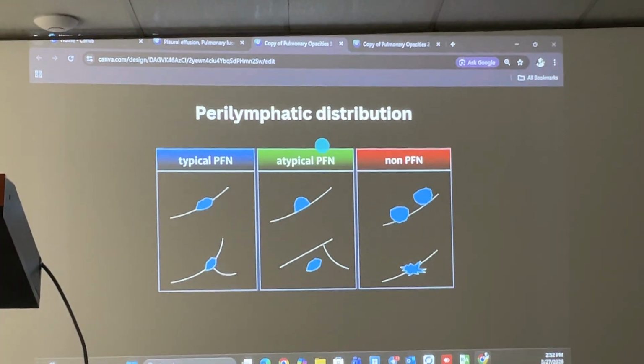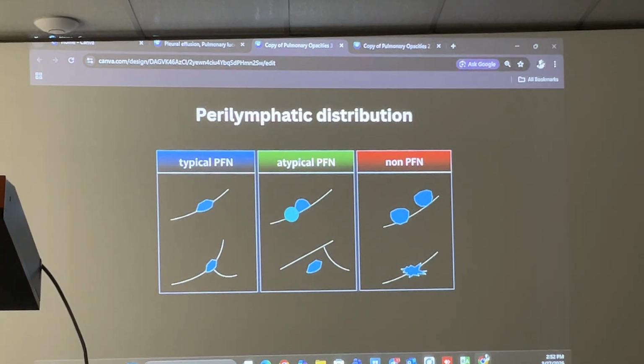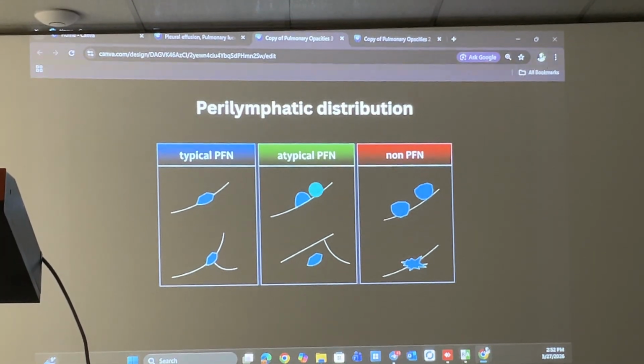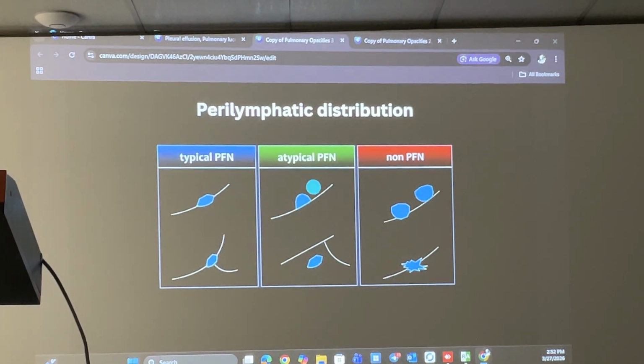The atypical peripheral nodules are not within the fissure or septa, but they can have one margin crossing the fissure.